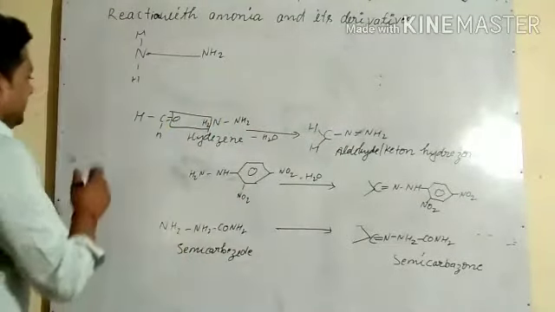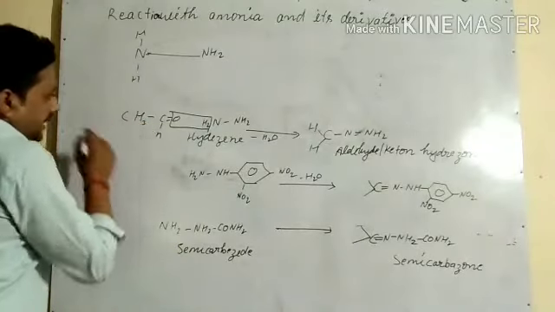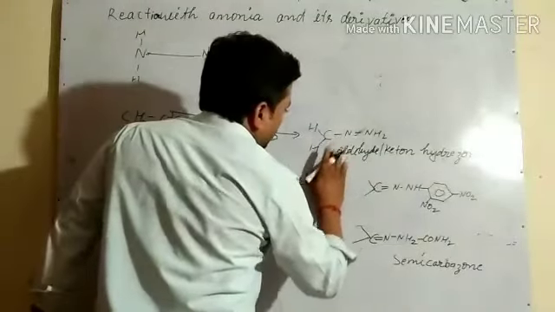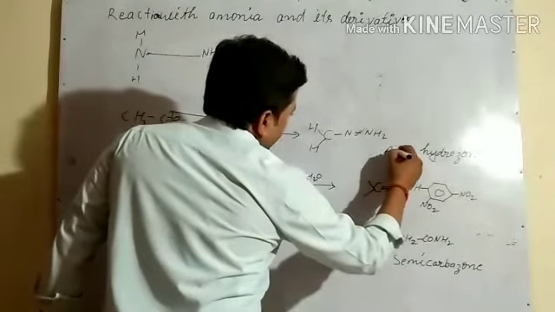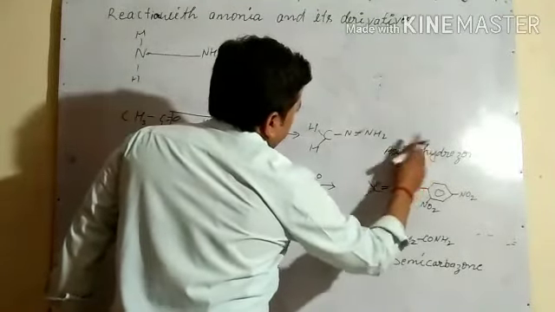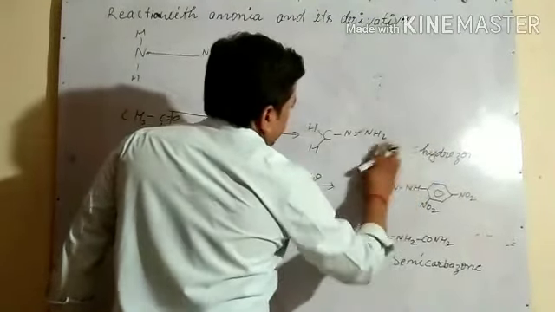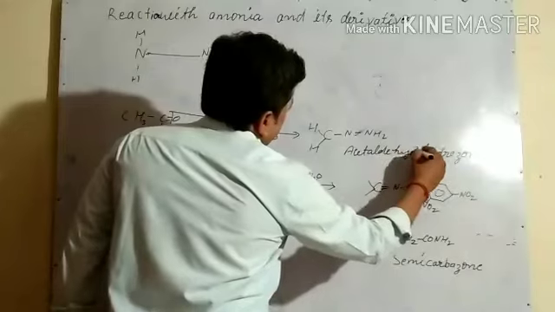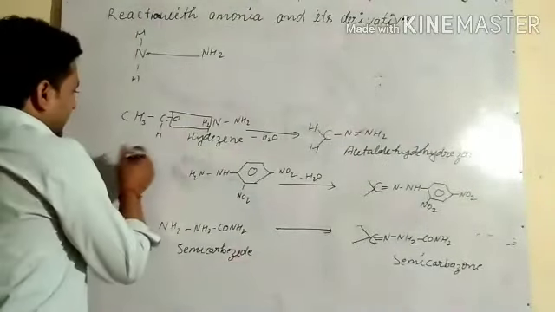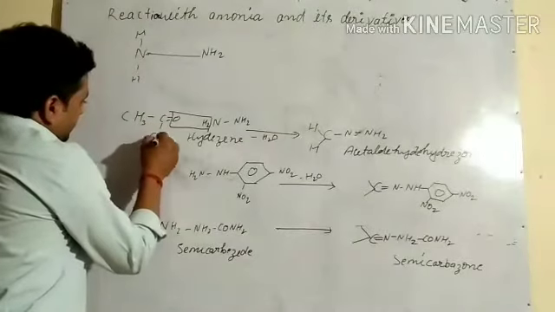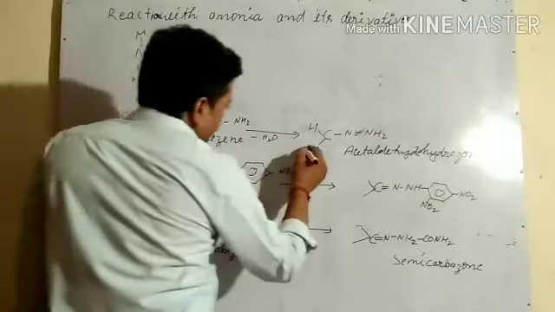If we take acetaldehyde, what will be the product? Here, acetaldehyde hydrazone. Okay. If we have taken ketone, if I place this group like this, what will be the product?